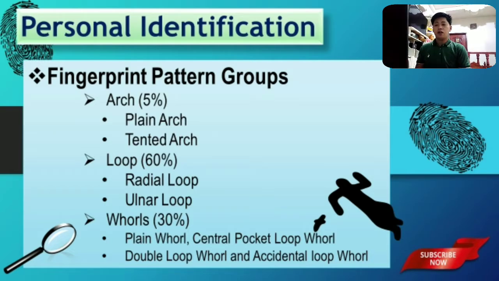For me, I have a combination of a loop and a whirl. Some of my fingers are classified as loops, and I also have some fingerprints classified as whirls. So it's not uncommon to have a combination of these fingerprint family patterns. You can have an arch on one finger, and the rest can be different, such as loops or whirls. Later on, we are going to look into these two classifications of loop.